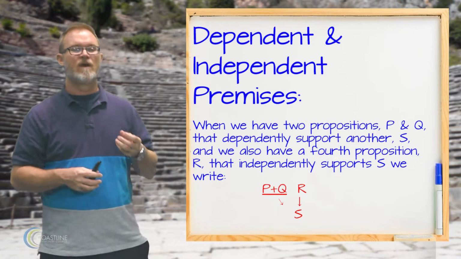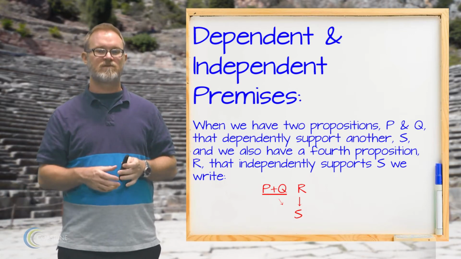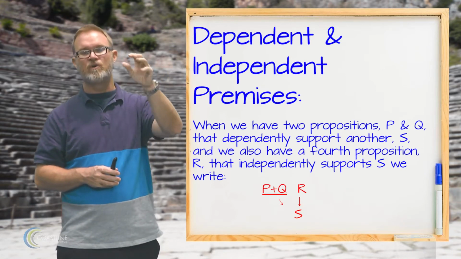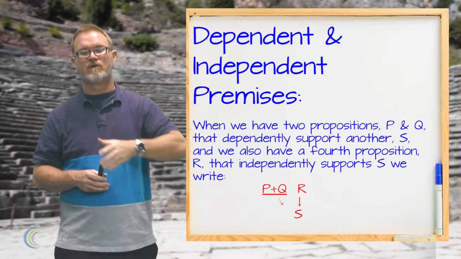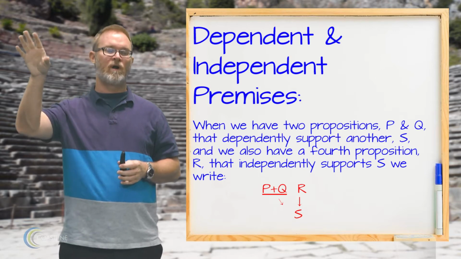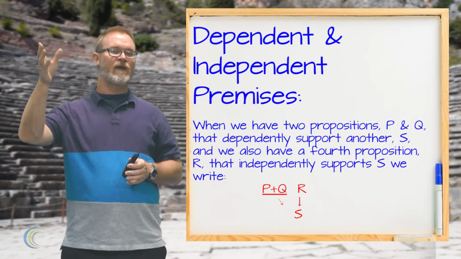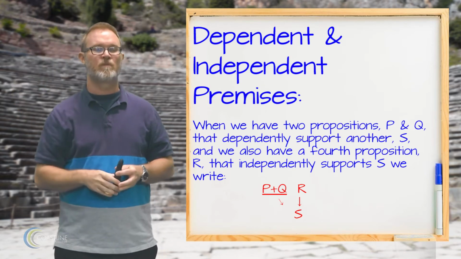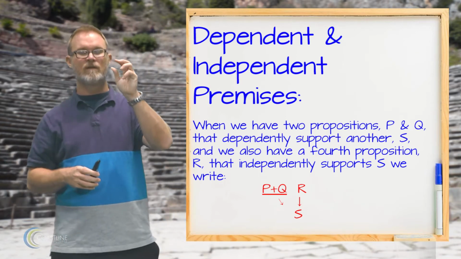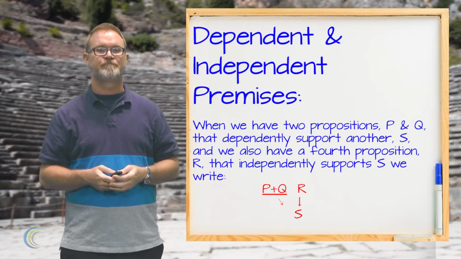Let's say P and Q together dependently are supporting some third claim S. In that case, we would have P plus Q and then an arrow down to S. But imagine at the same time that you've got some other claim R that's also working to support S. Then we would have at the same time an arrow from R to S. That's how we symbolize dependent and independent reasons occurring at the same time for the same claim.